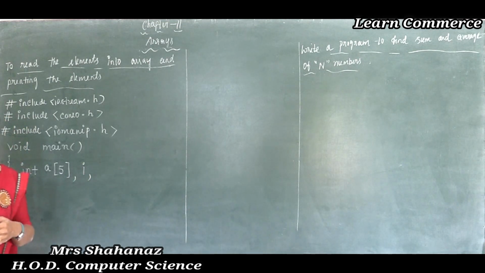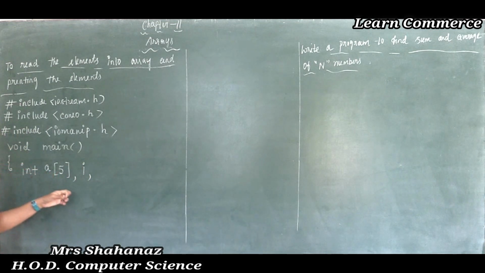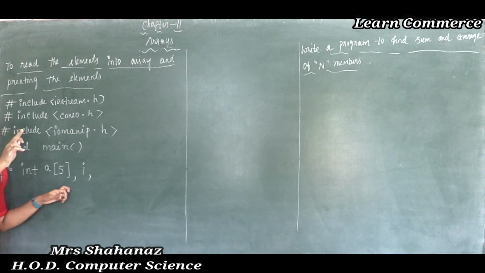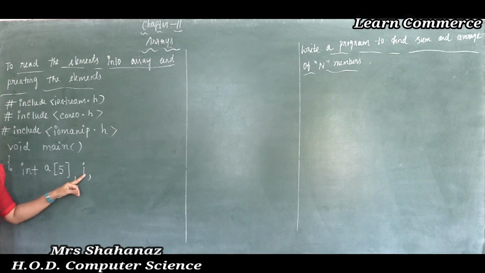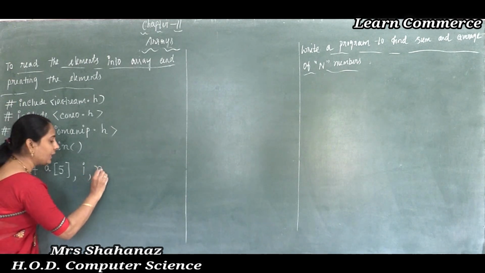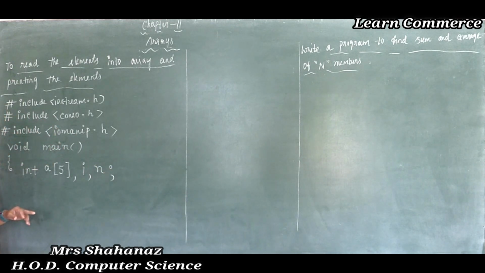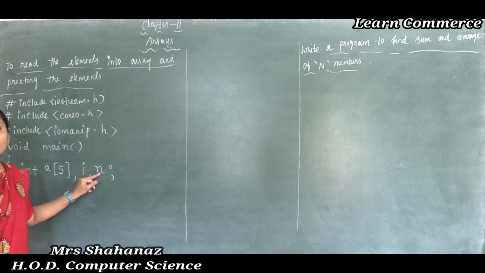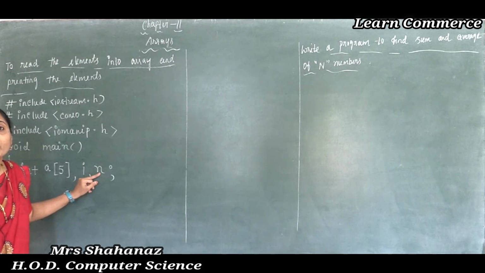Why am I using i? Since there are a number of elements, first it will access the 0 position value, the second time the 1 position value, then the second position value, and so on up to the last position, one by one. So this is the use of the variable i. With that I want to use one more variable, n, which means the number of elements.